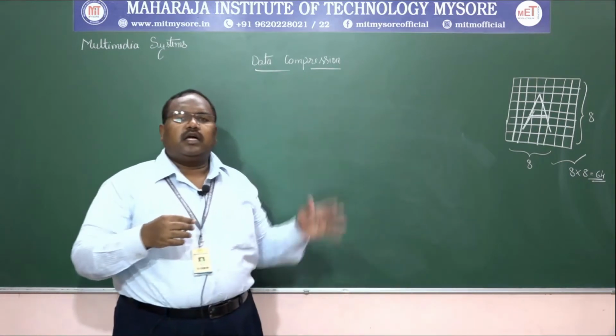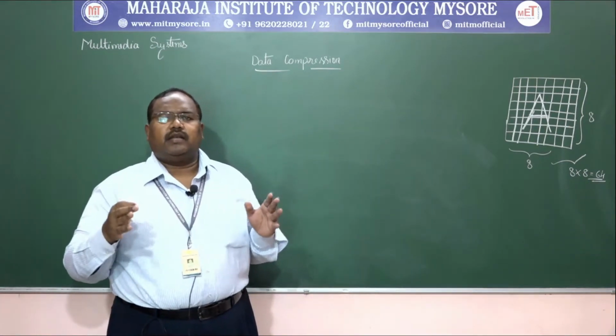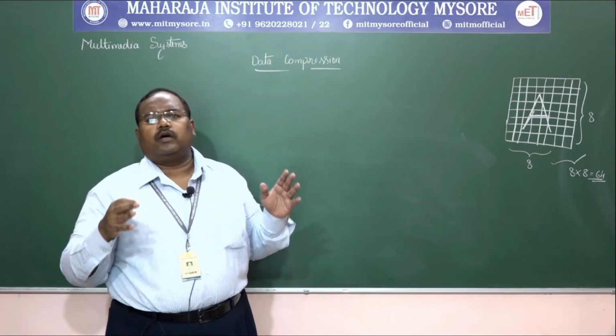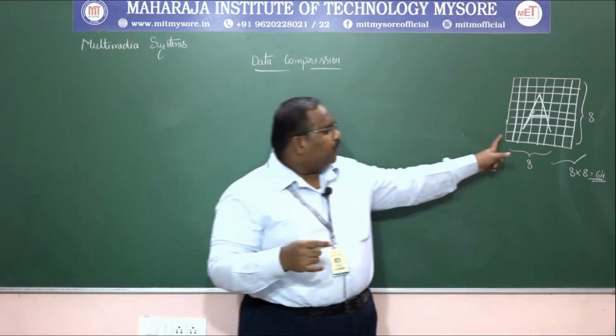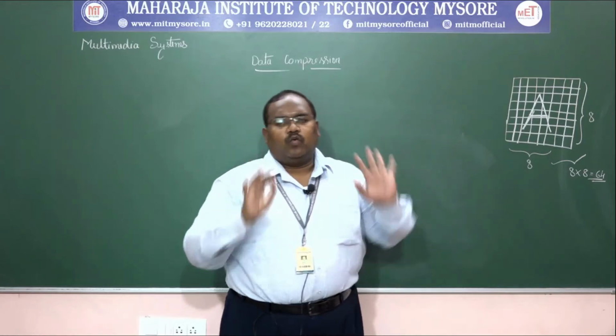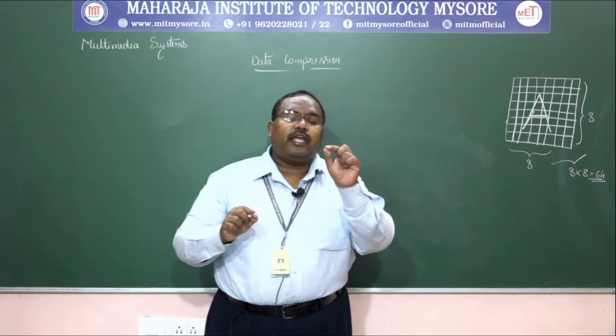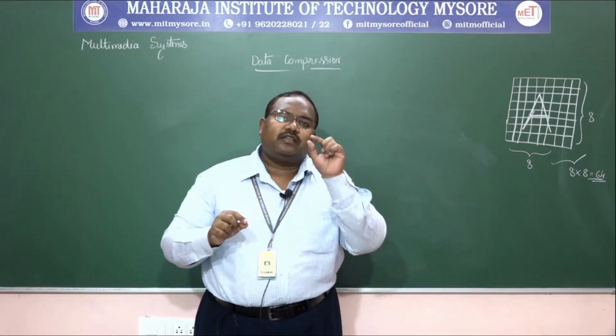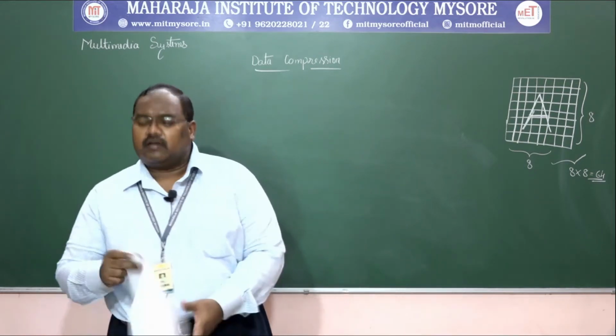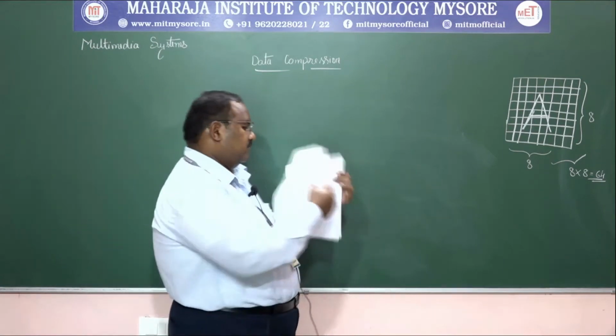When we split an image into an 8 cross 8 matrix of non-overlapping blocks, each block has its own value, based on the contents of the image. Let us write a matrix like this.